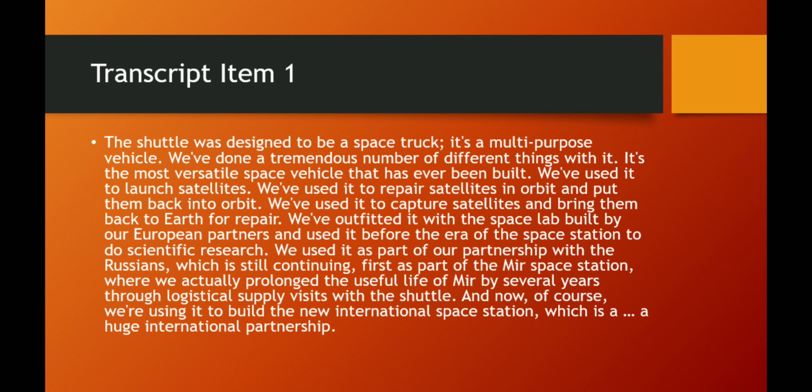We used it as part of our partnership with the Russians, which is still continuing. First as part of the Mir space station, where we actually prolonged the useful life of Mir by several years through logistics supply visits by the shuttle, and now of course we are using it to build the new International Space Station, which is a huge international partnership.